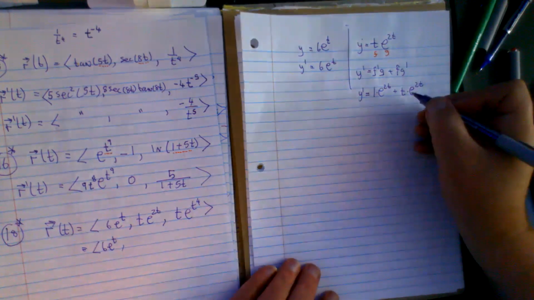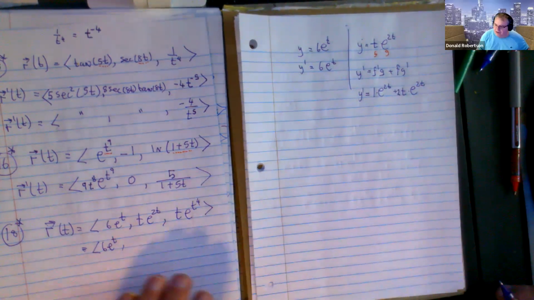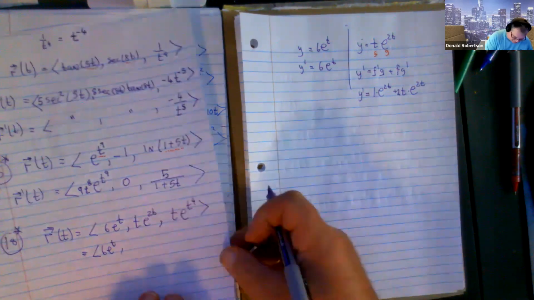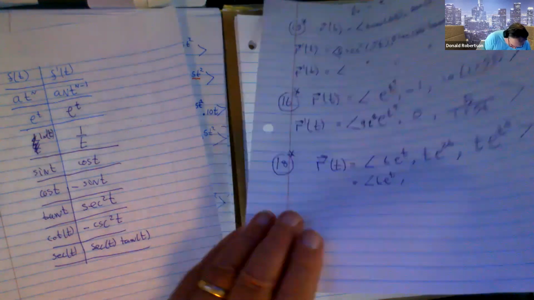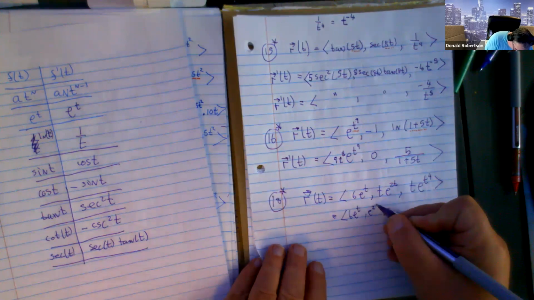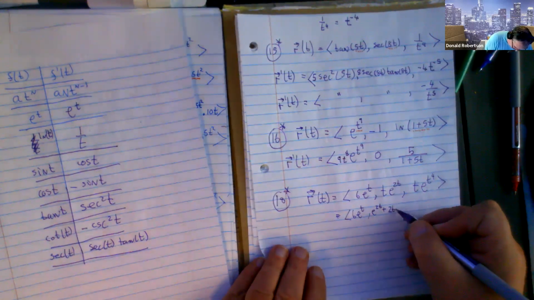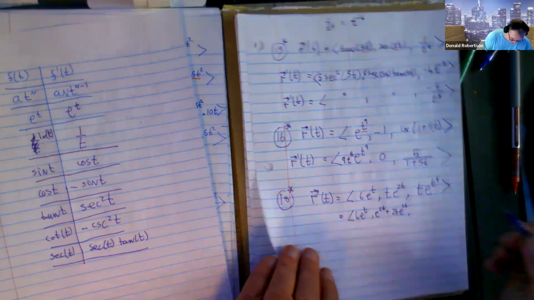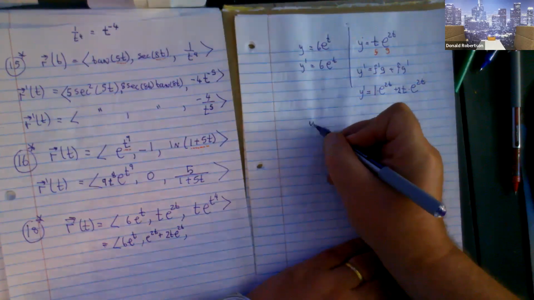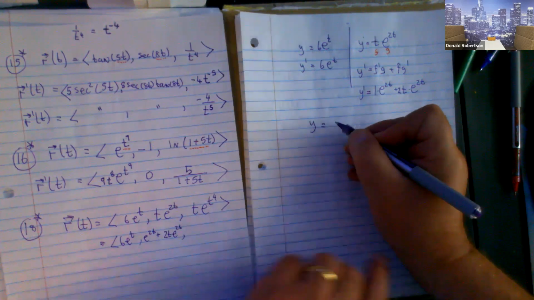Times 2. And can I stick the 2 at the front? That way I don't have to rewrite it all. And that means we now have the middle answer, which is e to the 2t plus 2 times t e to the 2t.